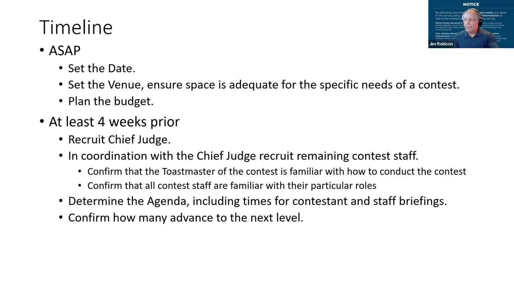And Gabriella can confirm that for me and just make sure that I'm informing you correctly. But you just want to be clear how many contestants move to the next level so that when you inform the contestants, they will know if first and second place or only first place move on to the next level.